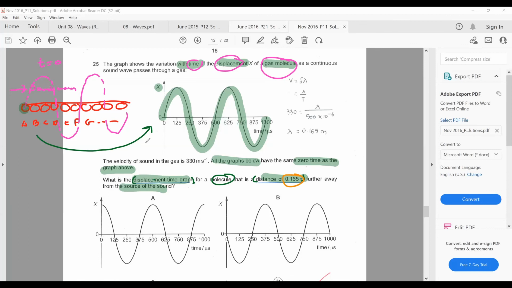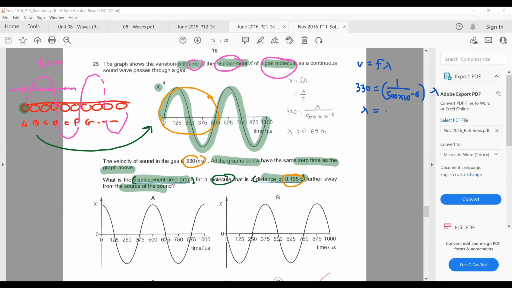What you can do here is that they've already given you the value of your velocity. You can also find out the value of your period here. So v equals f lambda, which is 330 divided by 1 over the period, which means it's over 500 times 10 power minus 6, times lambda.